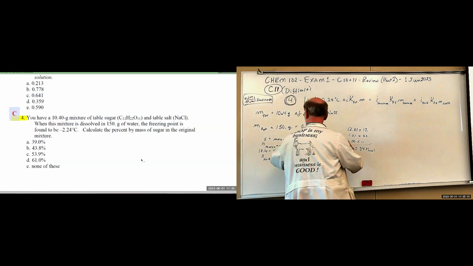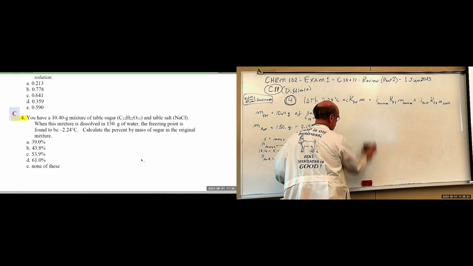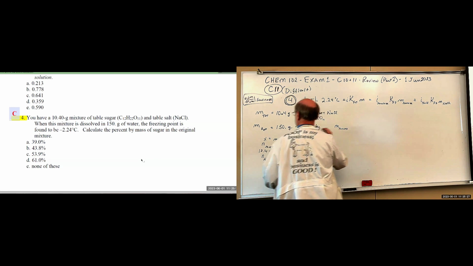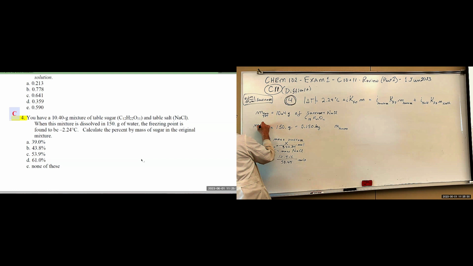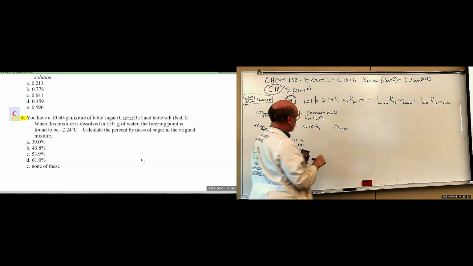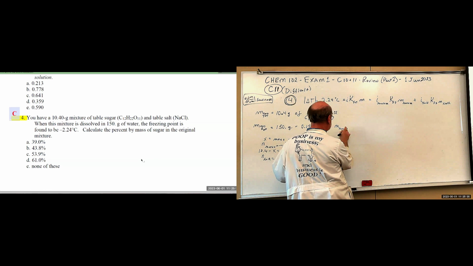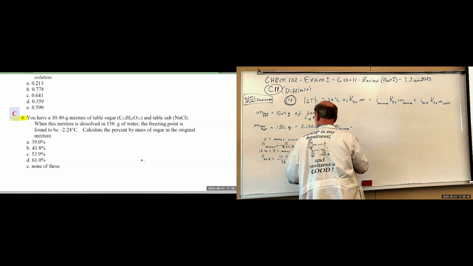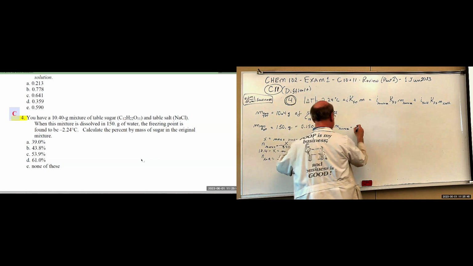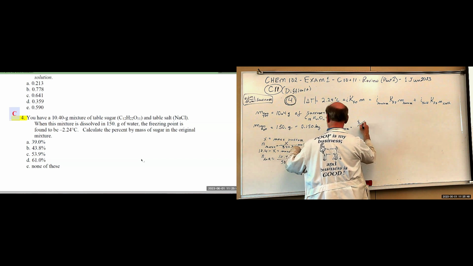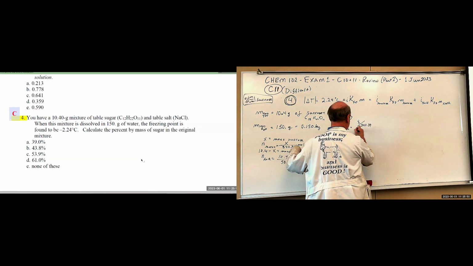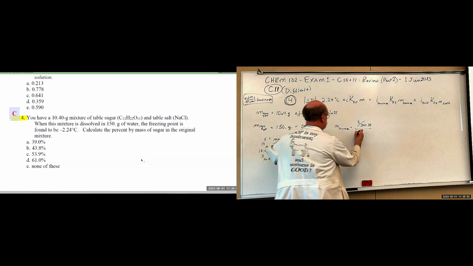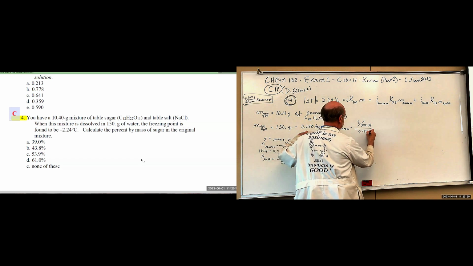So the molality of sucrose is equal to the moles of sucrose, which is X divided by 342.34, divided by the kilograms of water, 0.150 kilograms.